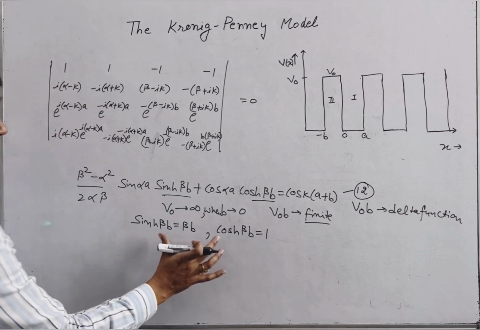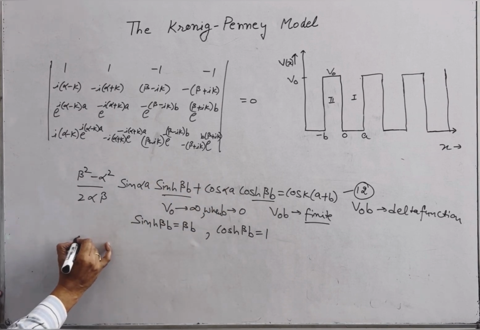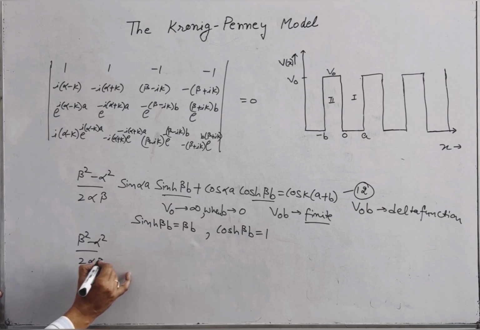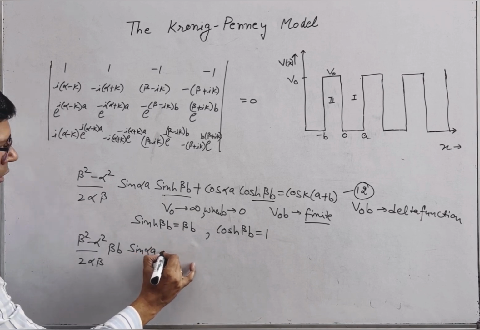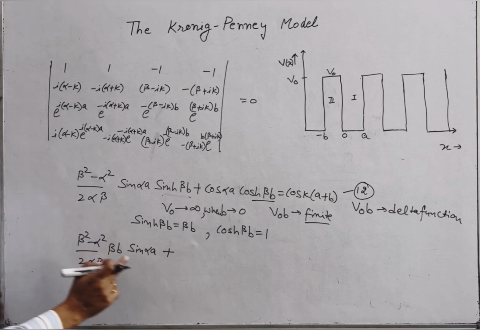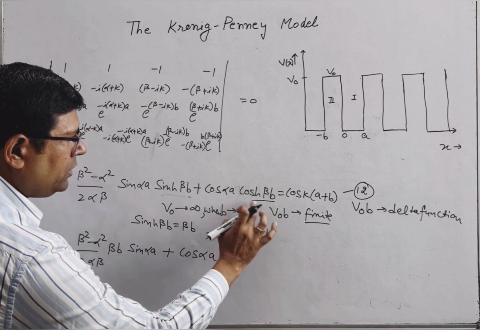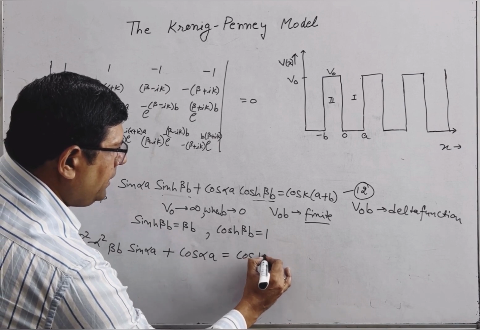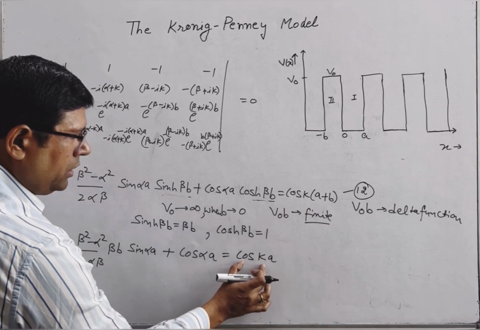Now by putting these two values in equation number 12, we get (beta square minus alpha square) upon 2 alpha beta into beta b sin alpha a plus, in place of hyperbolic cos beta b, I have put 1, so plus cos alpha a, and this is equal to cos ka, because b is 0. So the right-hand term will be cos ka.